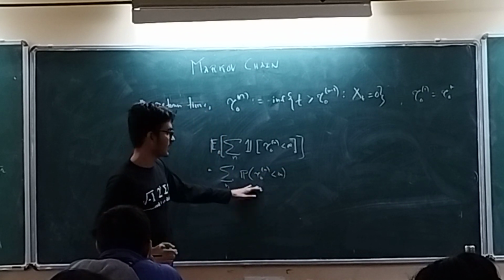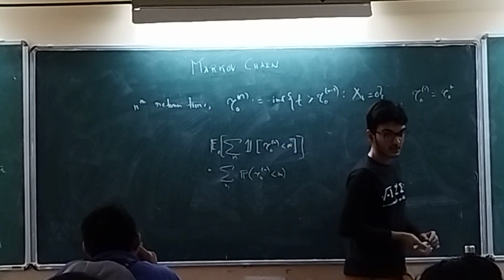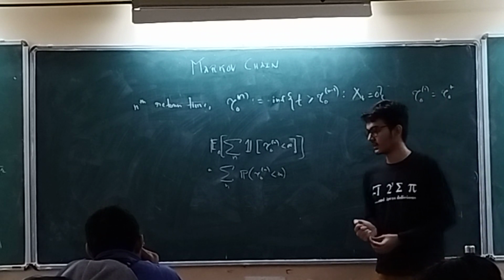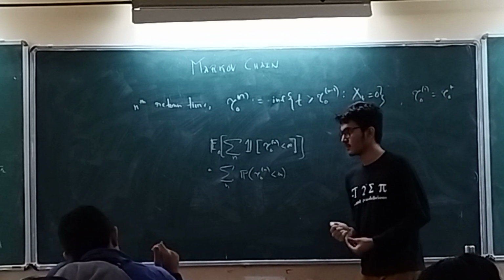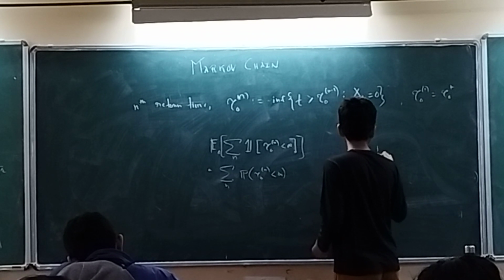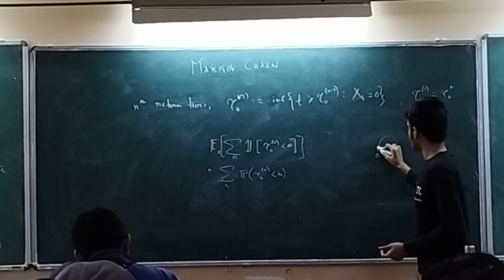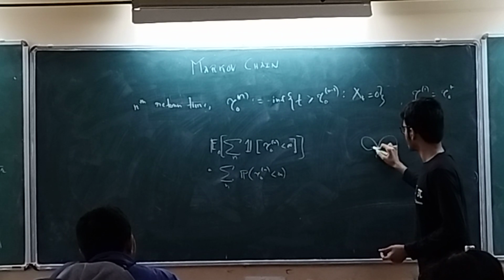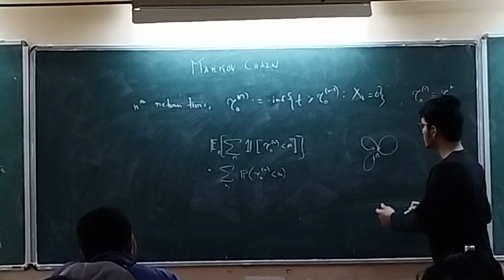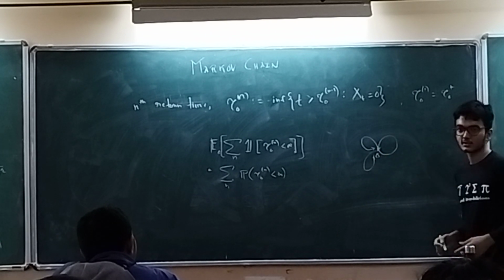Now here comes the interesting argument, which is used a lot in probability. In fact, it can be generalized, but I will not mention that. So if you are at 0, you want to return n times. But once you return to 0, it doesn't matter whatever happened in the past.